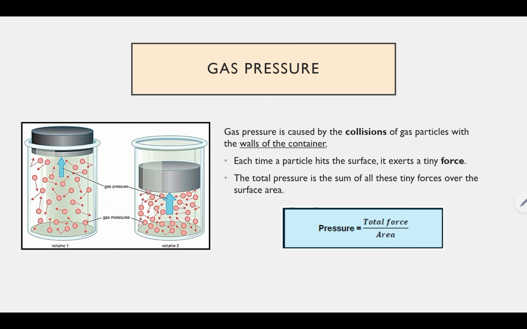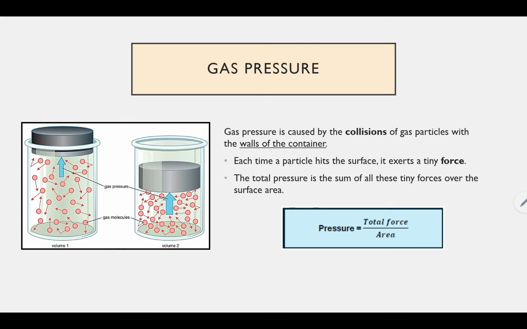Gas pressure. What happens when I put more pressure on a gas? Gas pressure is caused by collisions of gas particles with the walls of the container. So whenever they give you a question asking you, what caused the increase in pressure? Always remember to talk about the collision with the walls of the container.